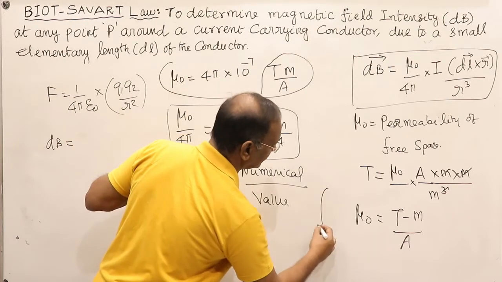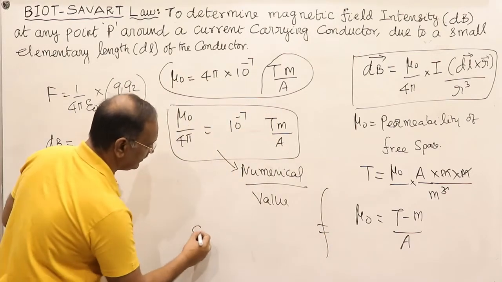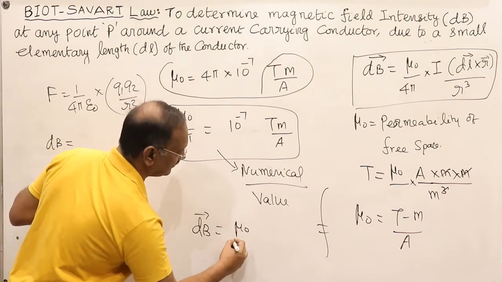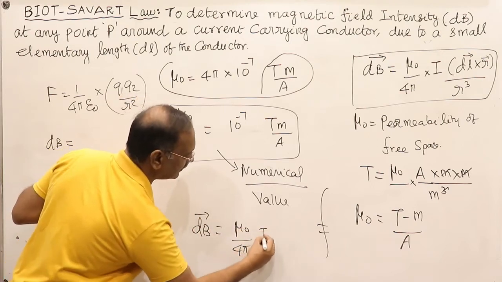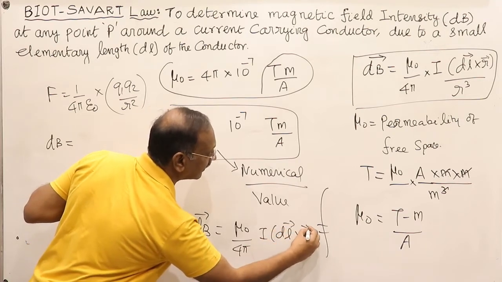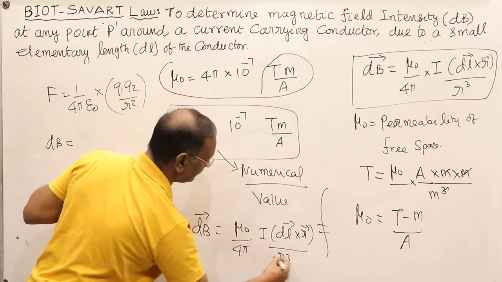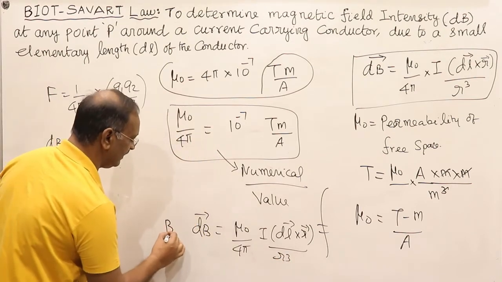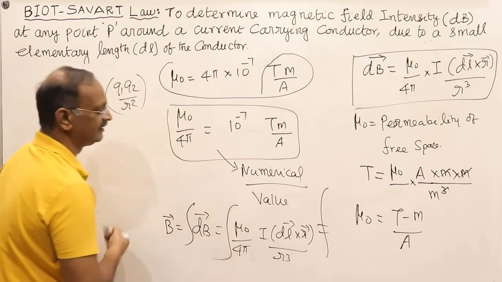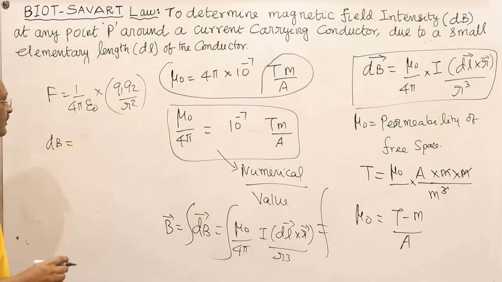See, this is for the small portion. If you want to find out for the entire portion, mu naught by 4 pi into I into dl cross r divided by r cube. If you want to find out total magnetic field due to the entire current, then integrate it. That is how we are going to find out.